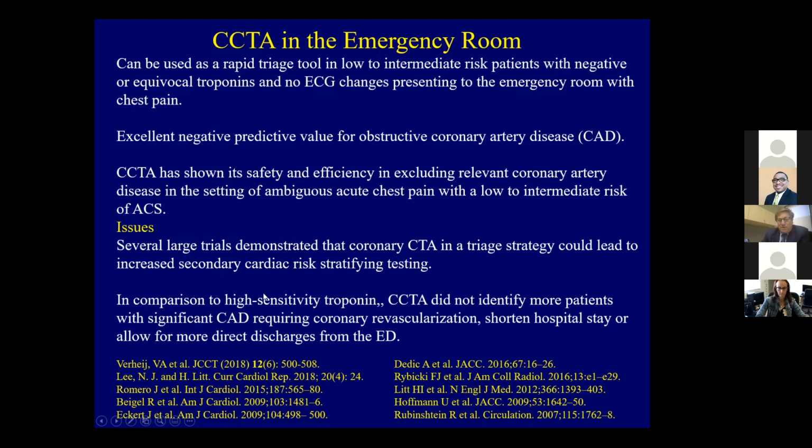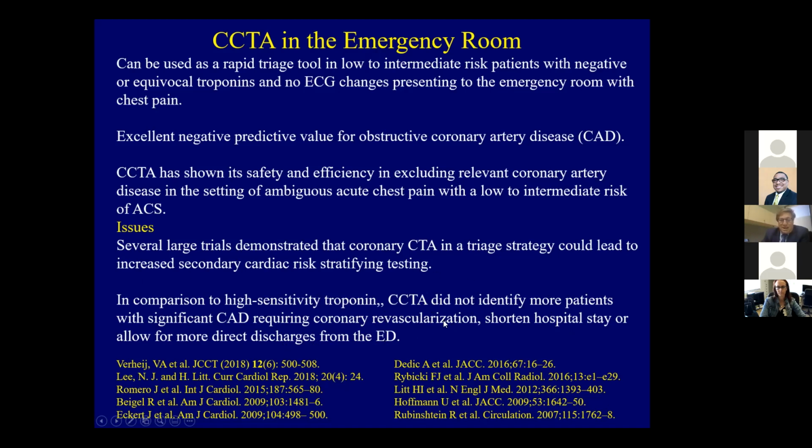The other thing that's been a game changer is high sensitivity troponins. So now that we have rapid high sensitivity troponins, in comparison to CCTA, the CT scans did not identify more patients with significant coronary artery disease requiring revascularization, didn't shorten hospital stay, or allow for more direct discharges from the ER.